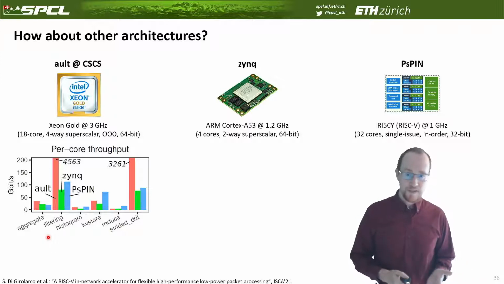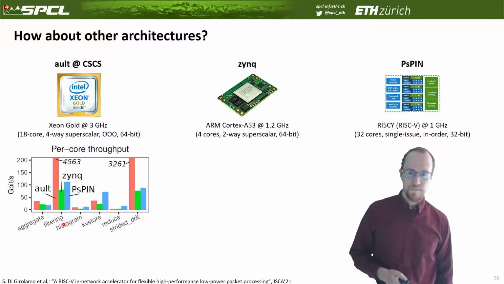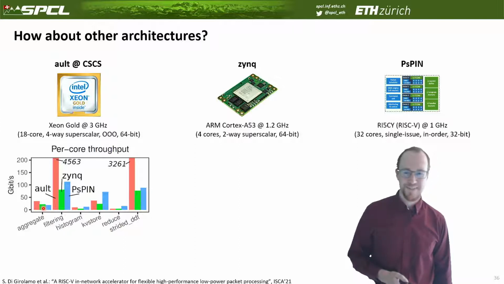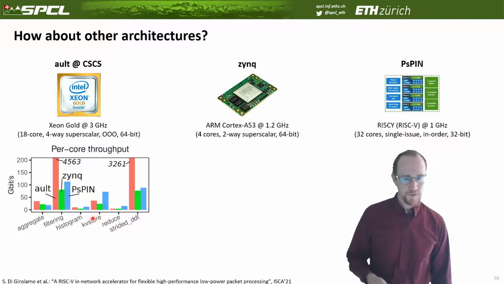So how fast can we process, let's say, aggregation on either an Intel CPU here in red, or an AMD Zynq ARM CPU, or in the PsPIN CPU per core. And you can see that, of course, the Intel core is almost always fastest, well, because it's a very powerful core. But the PsPIN core, which is a very slow core for these data-intensive tasks, is quite often not too far behind.